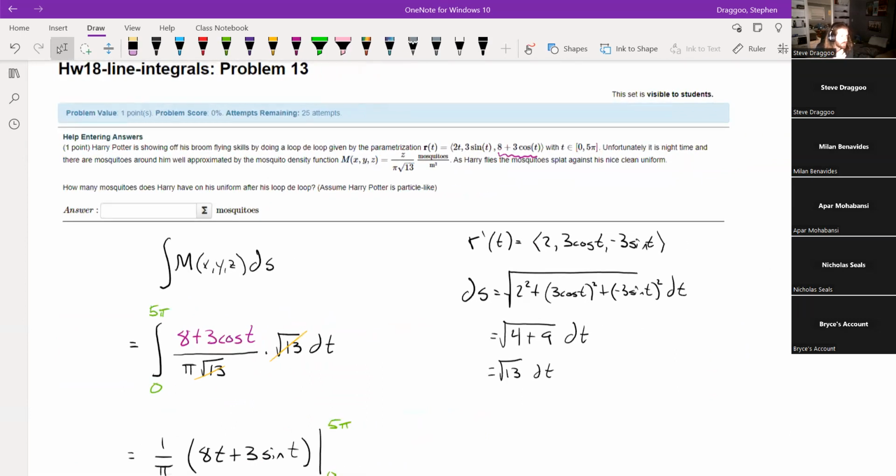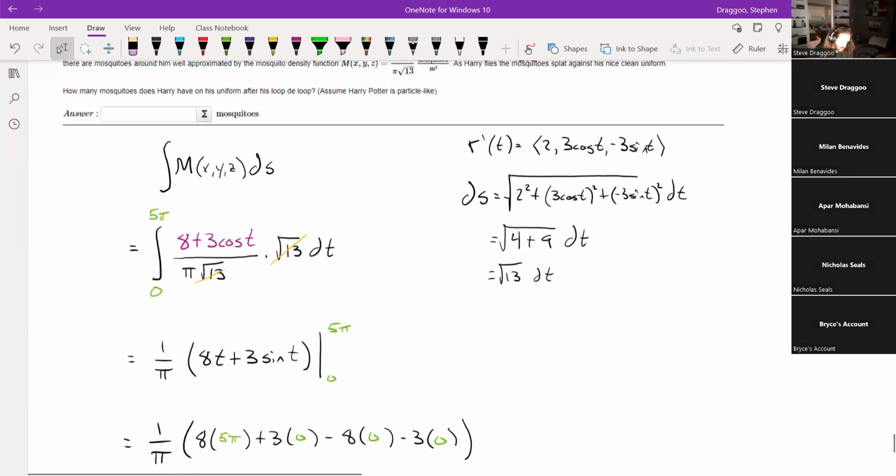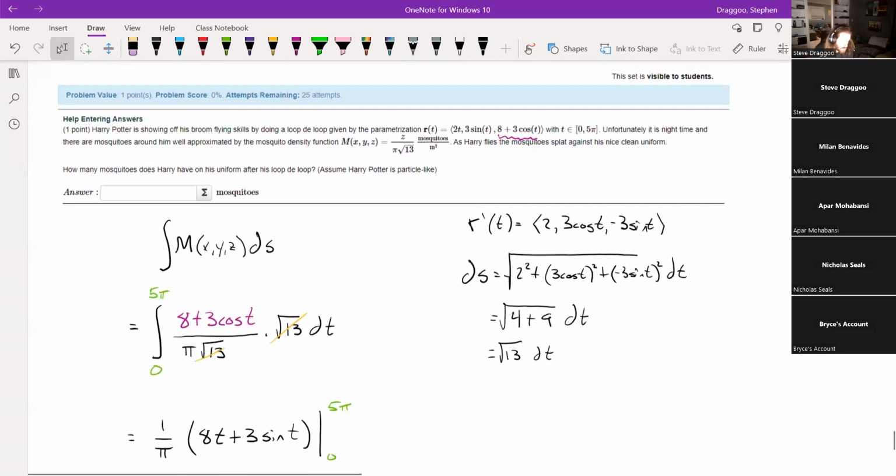Some other stuff with line integrals. We had a density function for this problem that I thought was interesting to look at. Mostly I wanted to point out that if we wanted to find the total number of mosquitoes that Harry Potter gets splattered on his Quidditch vest or something.